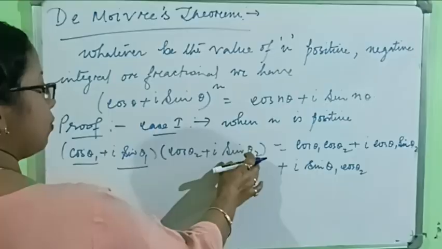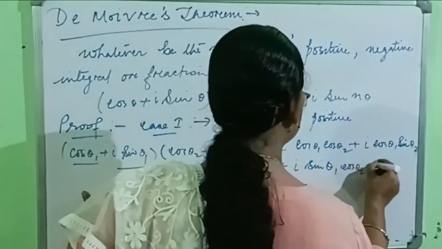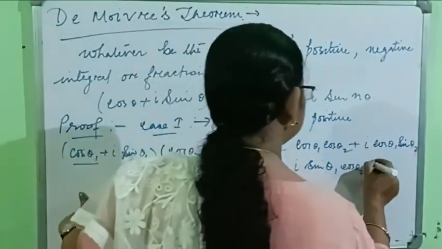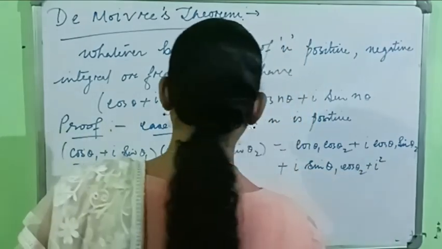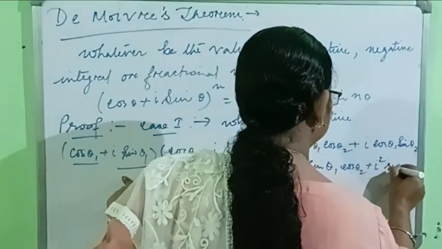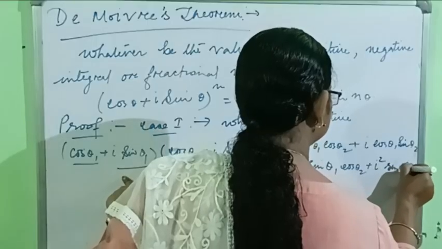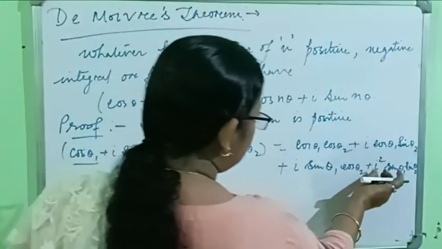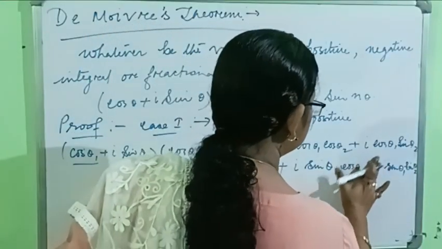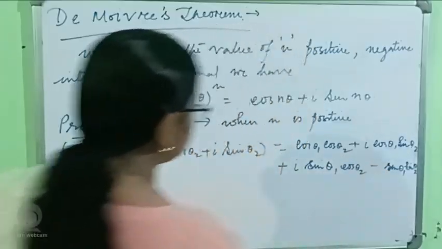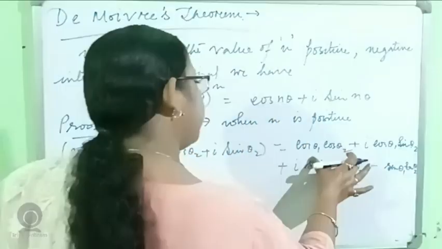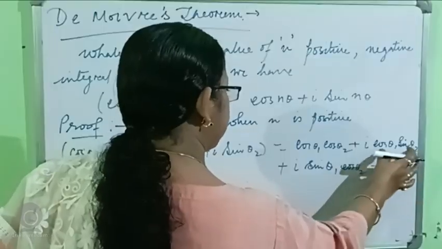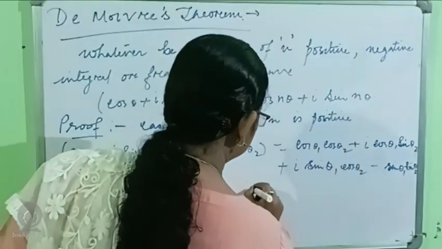Then product of this with this one, that is plus i square sin theta 1 sin theta 2. Now i square is minus 1. Now write real part with real part and imaginary part with imaginary part.